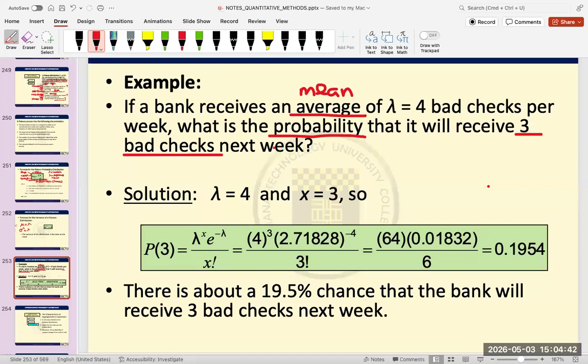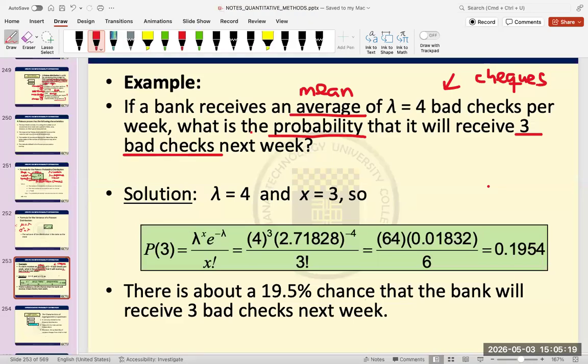So this is planning for next week. The bank has seen that over time, every week, they are receiving 4 bad checks. Forgive my English language, it's supposed to be CHEQUES. This is the correct spelling. So the bank receives 4 bad checks every week.